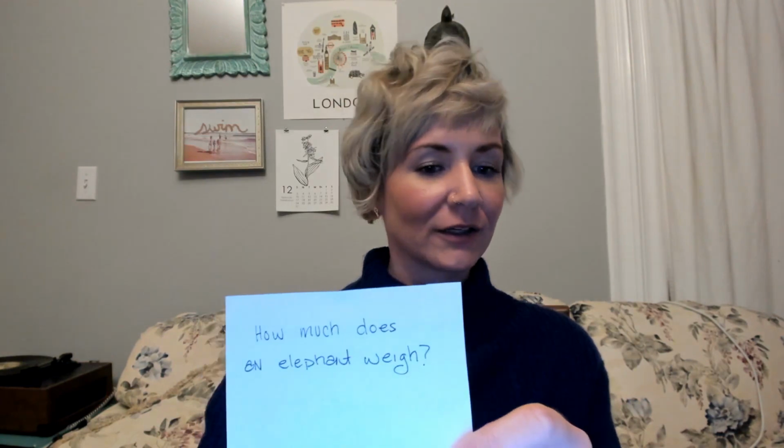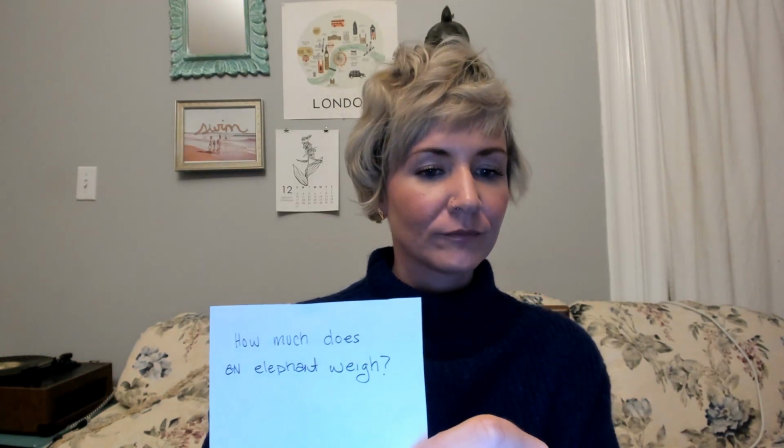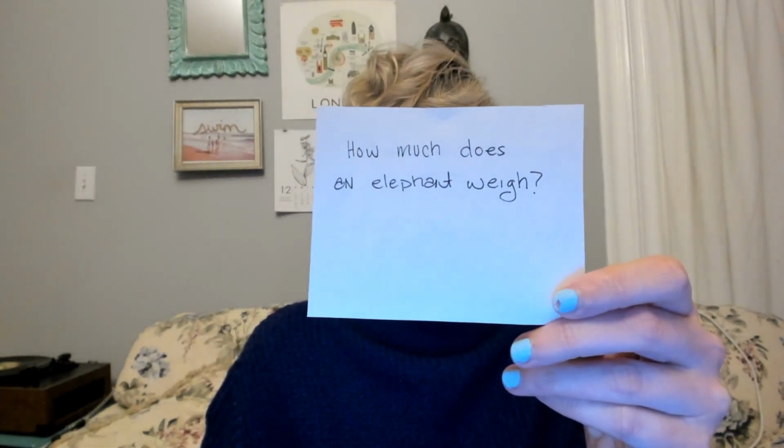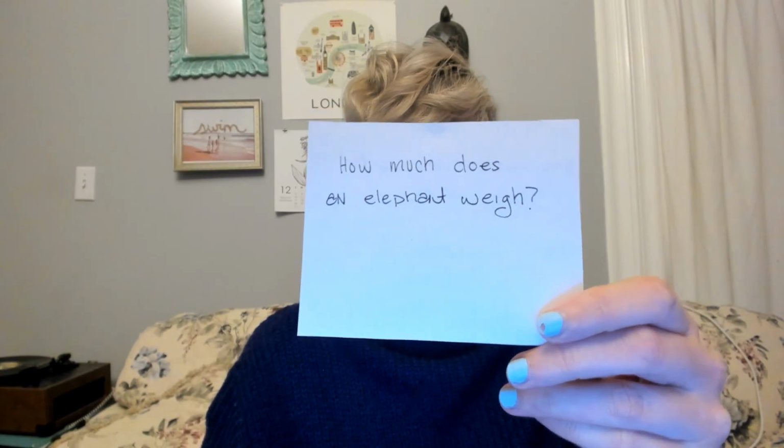So I was going to show you a not so great flashcard and see if you can figure out why it is not so great. I will first show the screen here, my other camera. It says, how much does an elephant weigh?